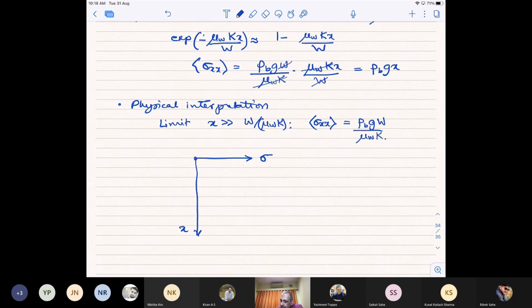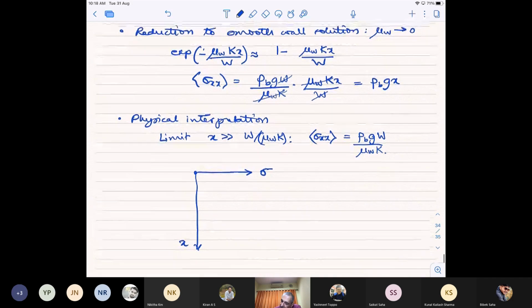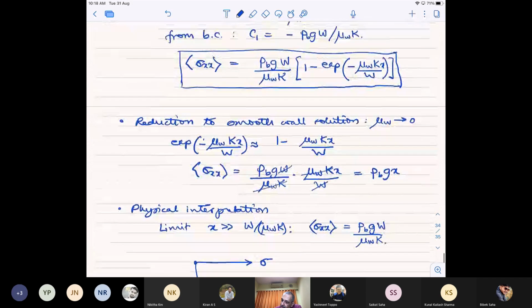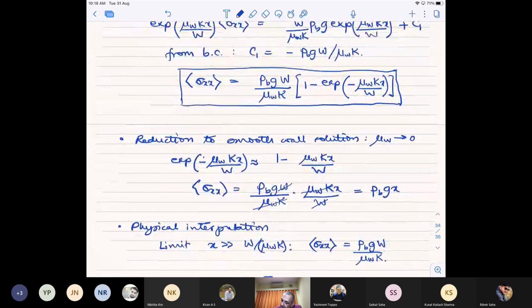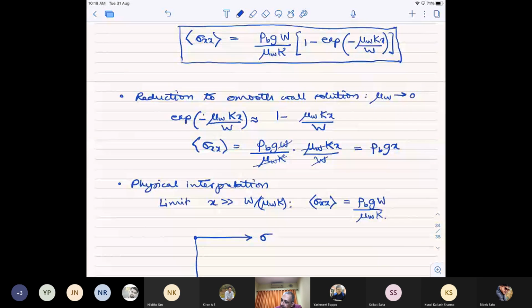So at the free surface, your sigma is 0, and when x is very small, at small distances, you actually have this solution.